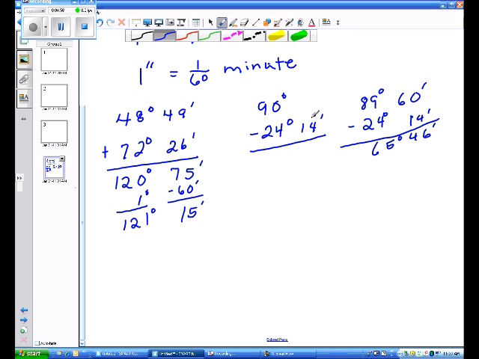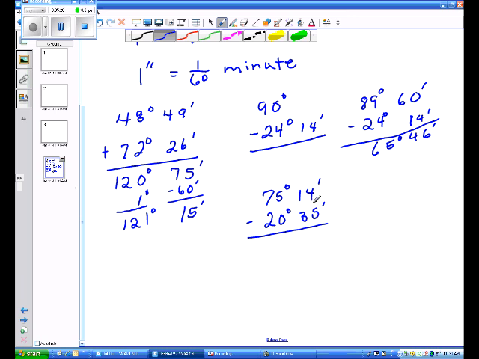So if you didn't have enough minutes to subtract from, then you would rename. The same thing's true if we had 75 degrees, 14 minutes, and we wanted to subtract 20 degrees, 35 minutes. Well, we can't subtract 35 from 14.